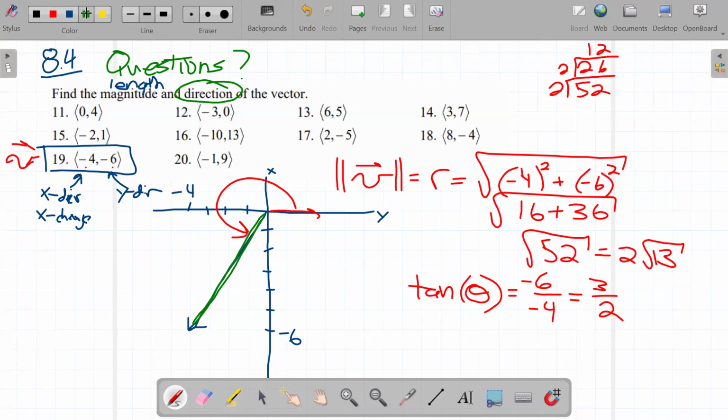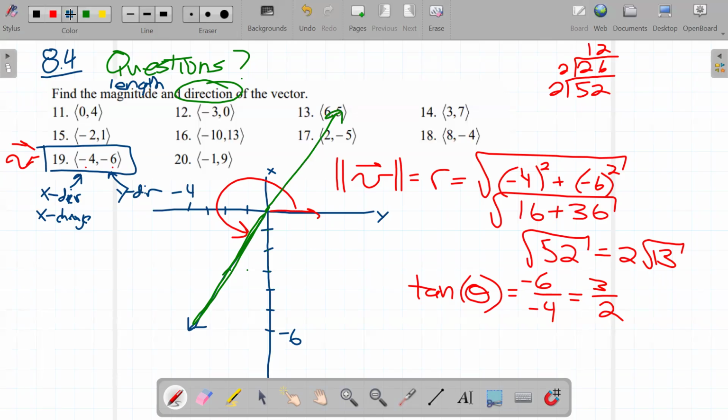So if I sketch that out, change in y is 3. My grid's kind of running out of space there, so I'm going to go down instead, 1, 2, 3, and then we'll go left, 1, 2, which is this line right here. Cool. So I want an angle related to that right there.